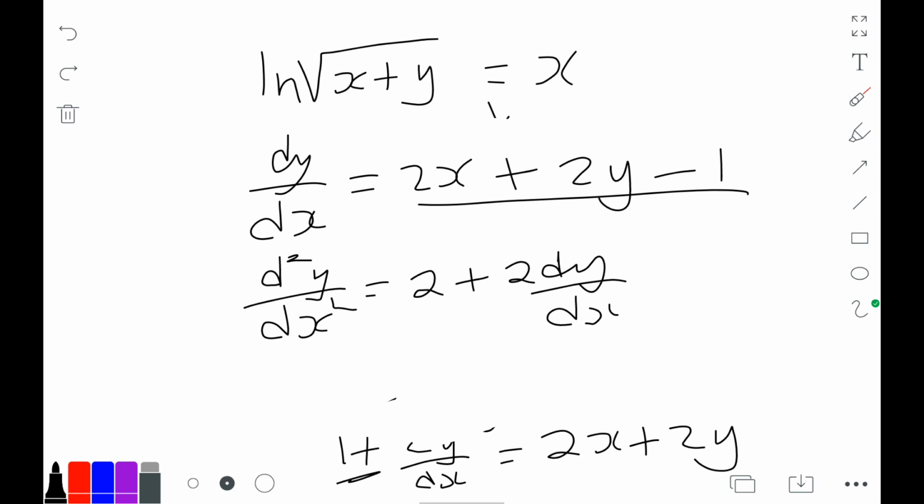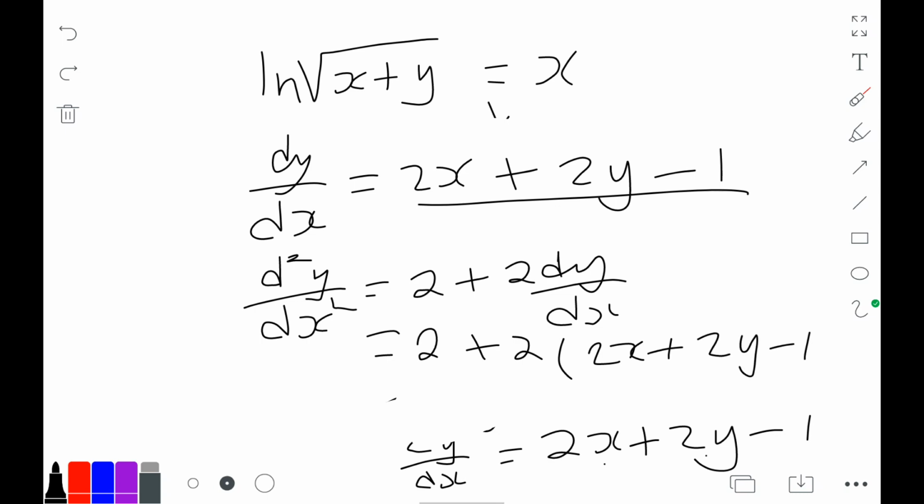Now I will substitute where dy over dx equals 2x plus 2y minus 1. Remember, when we take the 1 to this side it is minus 1. So when we substitute back, we have 2 plus 2 in brackets 2x plus 2y minus 1.